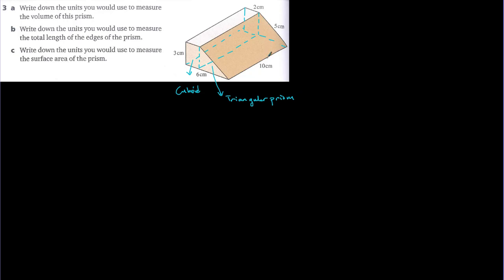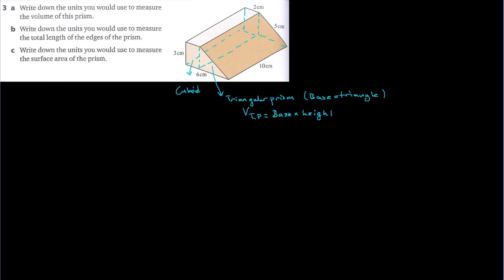For the triangular prism, the base is a triangle. We need to remember that. The volume of the triangular prism, TP, is base area times height.